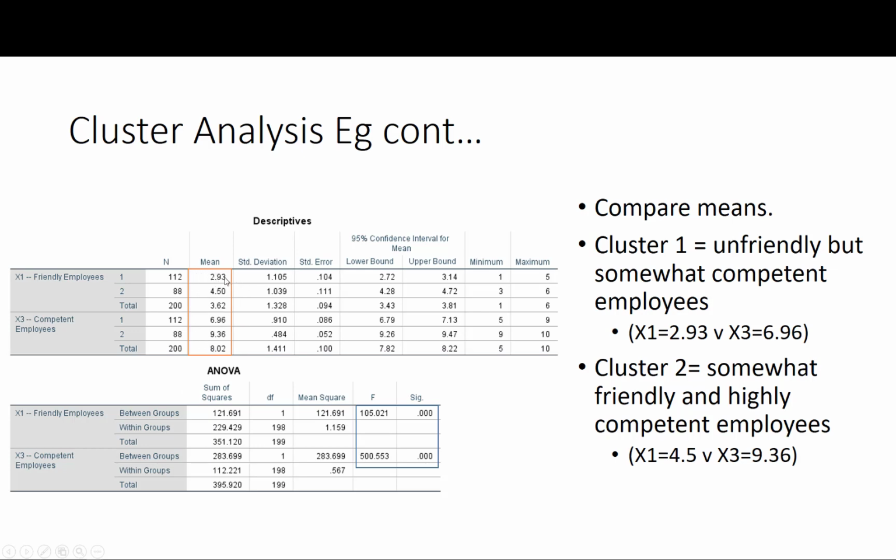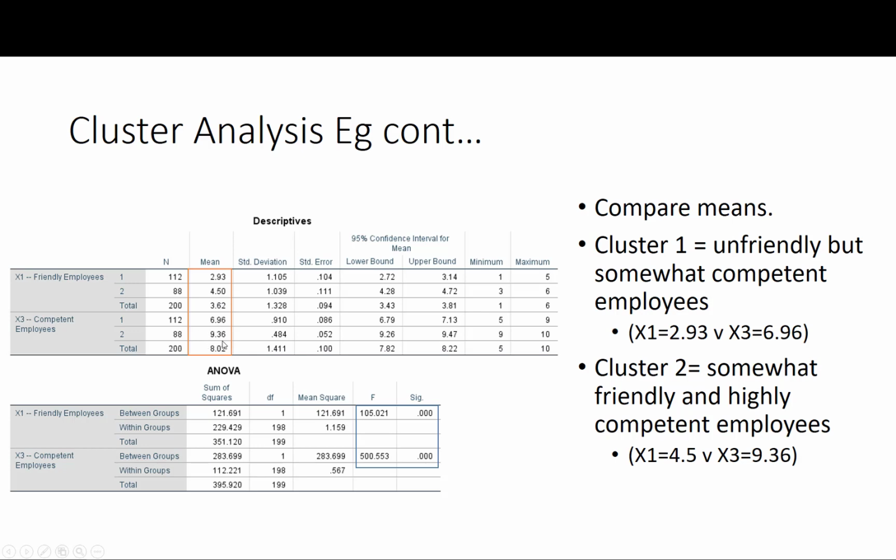So if you look at cluster 1's responses to friendly employees, they're 2.93. In competent employees, they're 6.96. So I can say that cluster 1 considers the employees unfriendly but somewhat competent. If I look at cluster 2 responses, on friendly employees they're given 4.5.